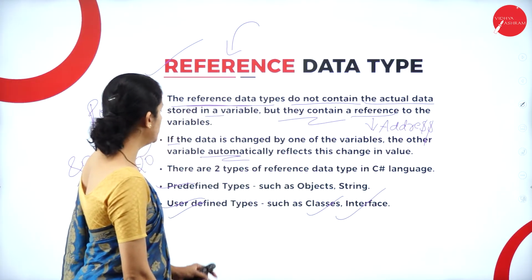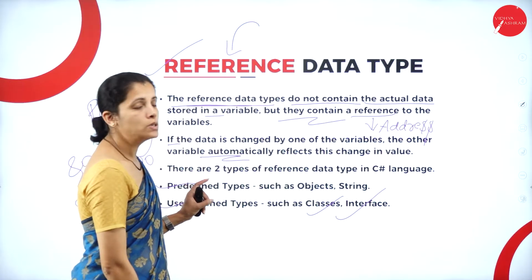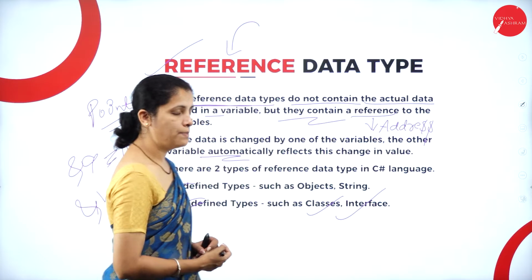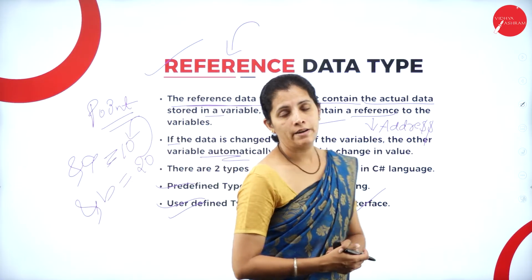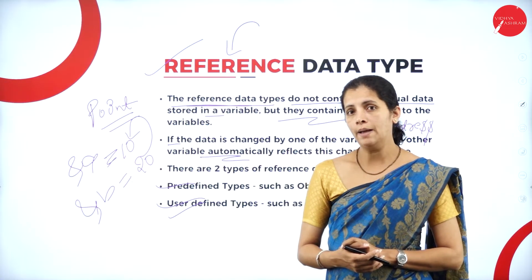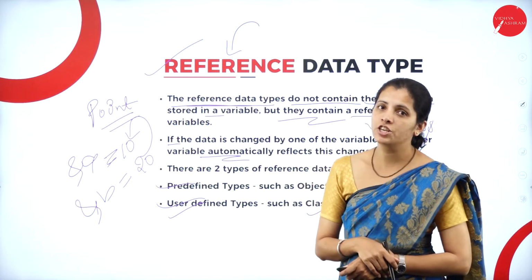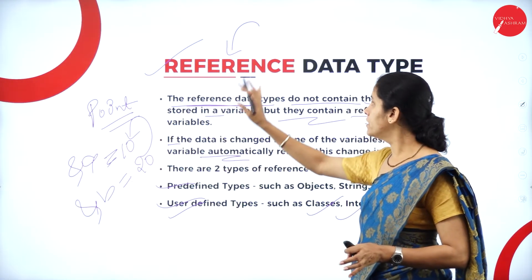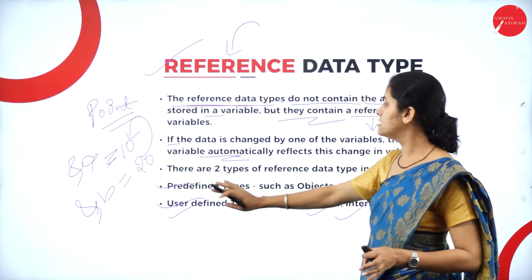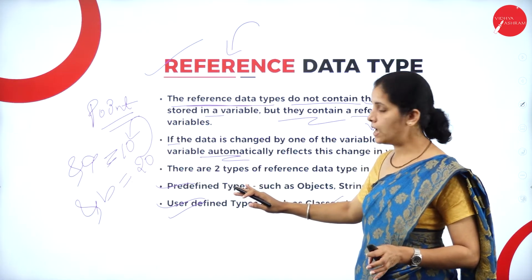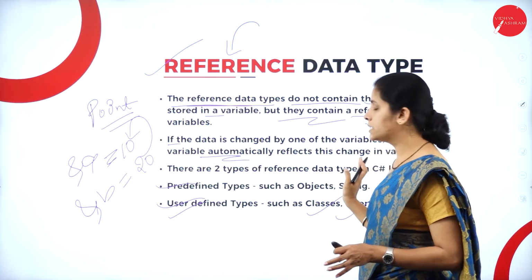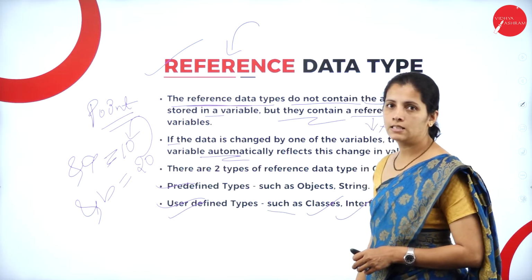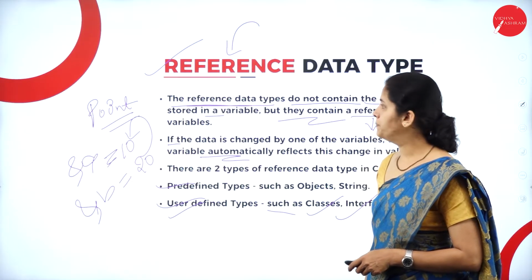Anyway, dear student, we are going to study predefined reference data types and user-defined reference data types in depth in my upcoming session. At present, you just remember the types of reference data type, that is predefined type, for example, object and string, and user-defined type, classes and objects.